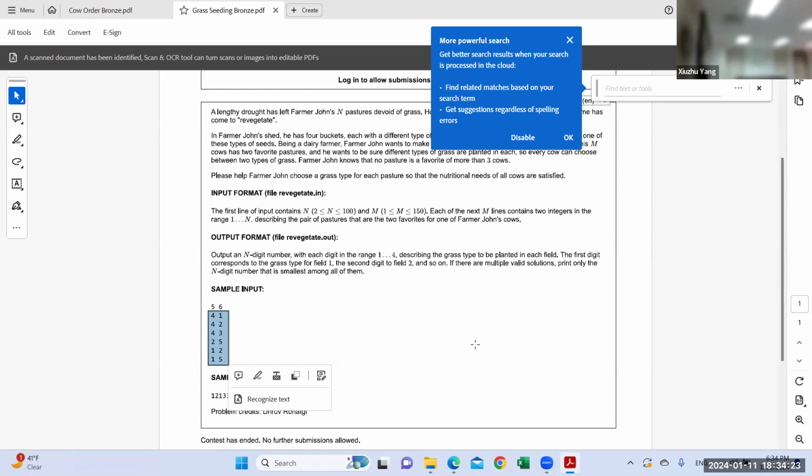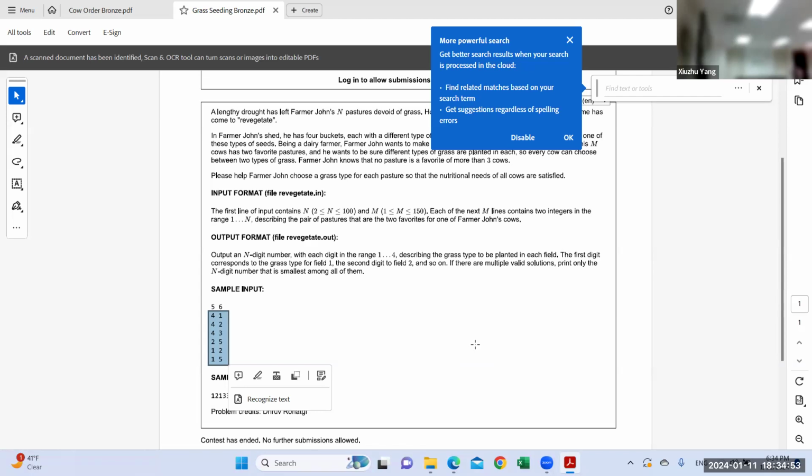Okay, so you can have M cows, right? And the pastures is N. A seed only has 4 types. So you will just really look like that.